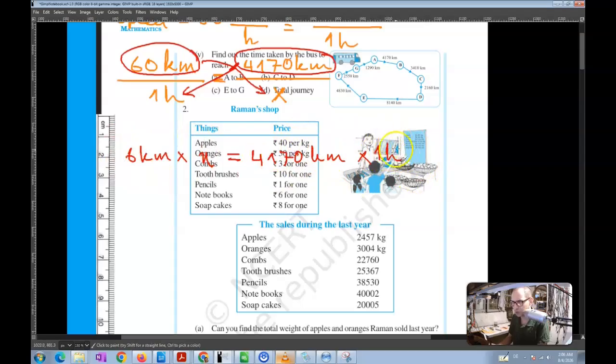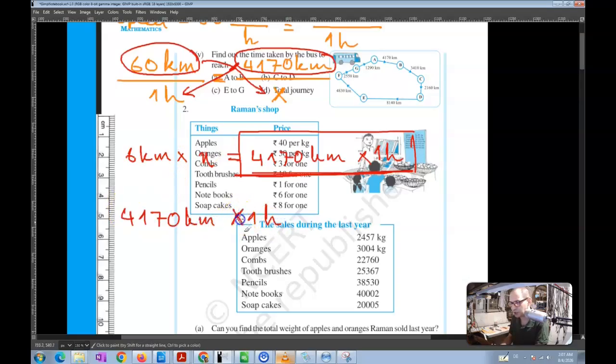So then I'm going to say that this whole number, which is written on one side of the equation, if I take the number which is alone on one side of the equation, I can say that 4,170 kilometers times 1 hour, and then divide that by any of these two numbers.